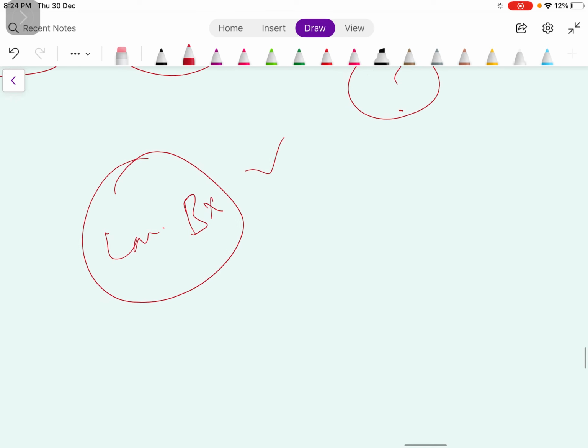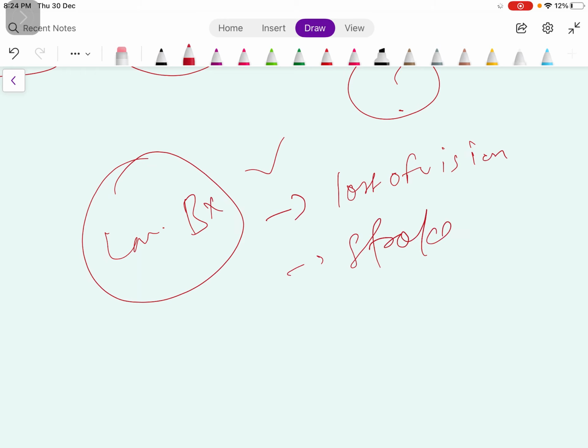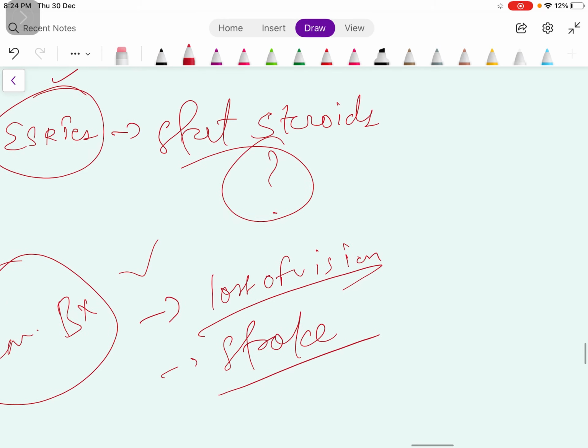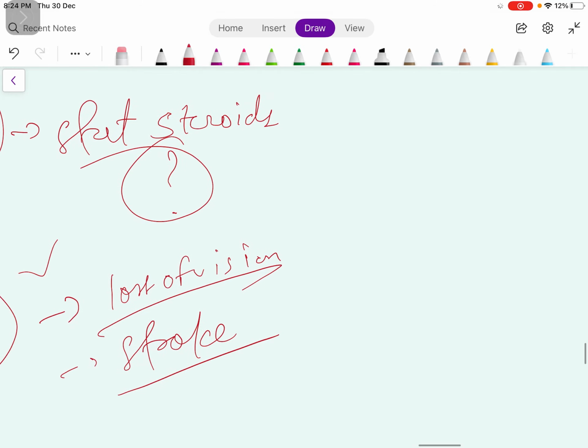The confirmatory diagnosis is by biopsy, and if you wait for the biopsy, then you can lose many functions of the body, like there will be loss of vision, there can even be stroke if you don't give timely treatment.